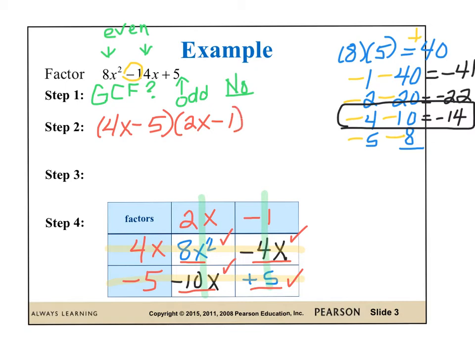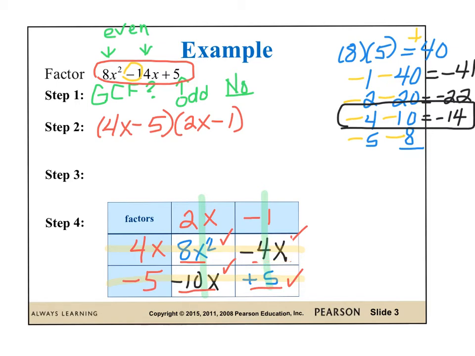And we know that those are the two correct binomials because we've already multiplied them out to determine that this is the correct set of factors for 8x squared minus 4x minus 10x plus 5, which is the same as 8x squared minus 14x plus 5.